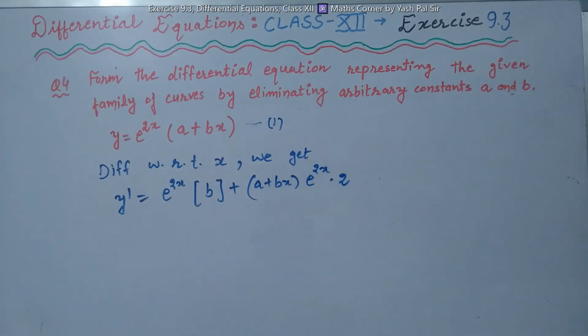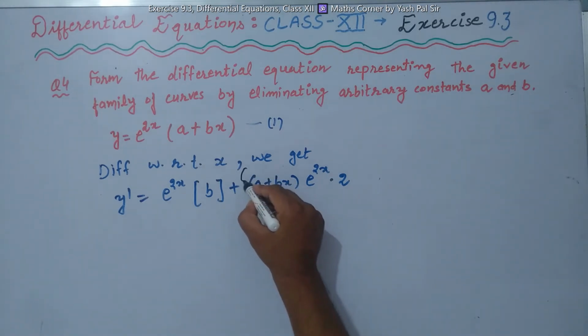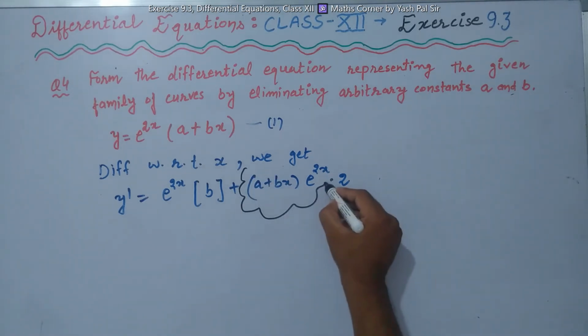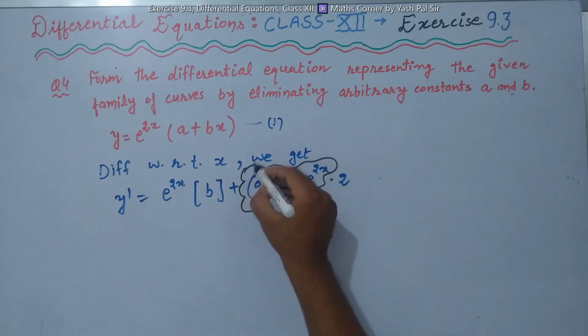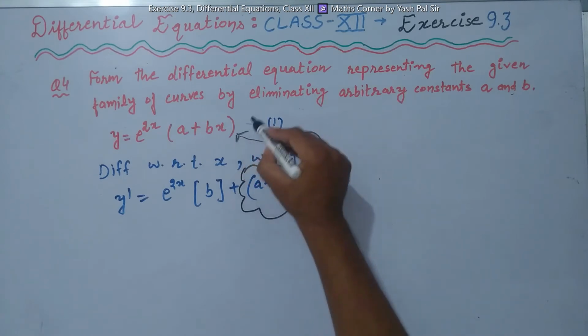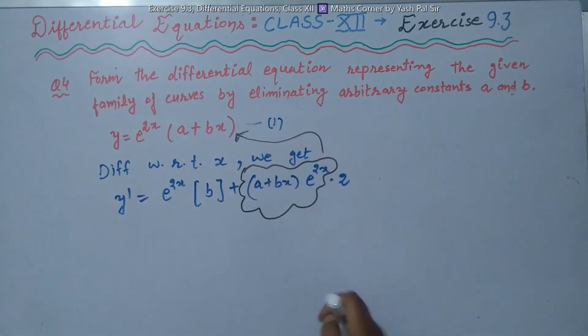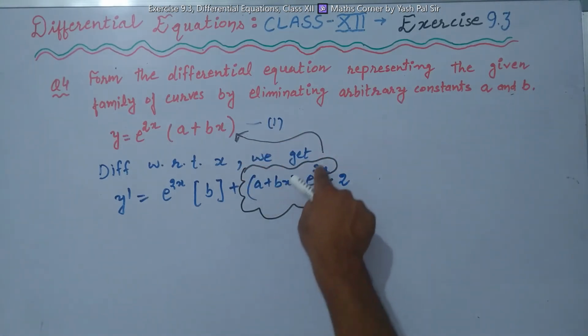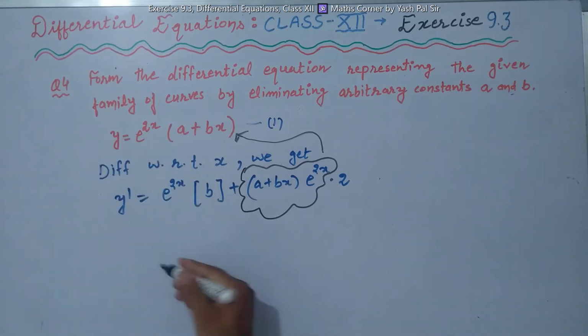So what we see here, this value is the same, that means we can put a plus bx into e raised to power 2x equal to y.